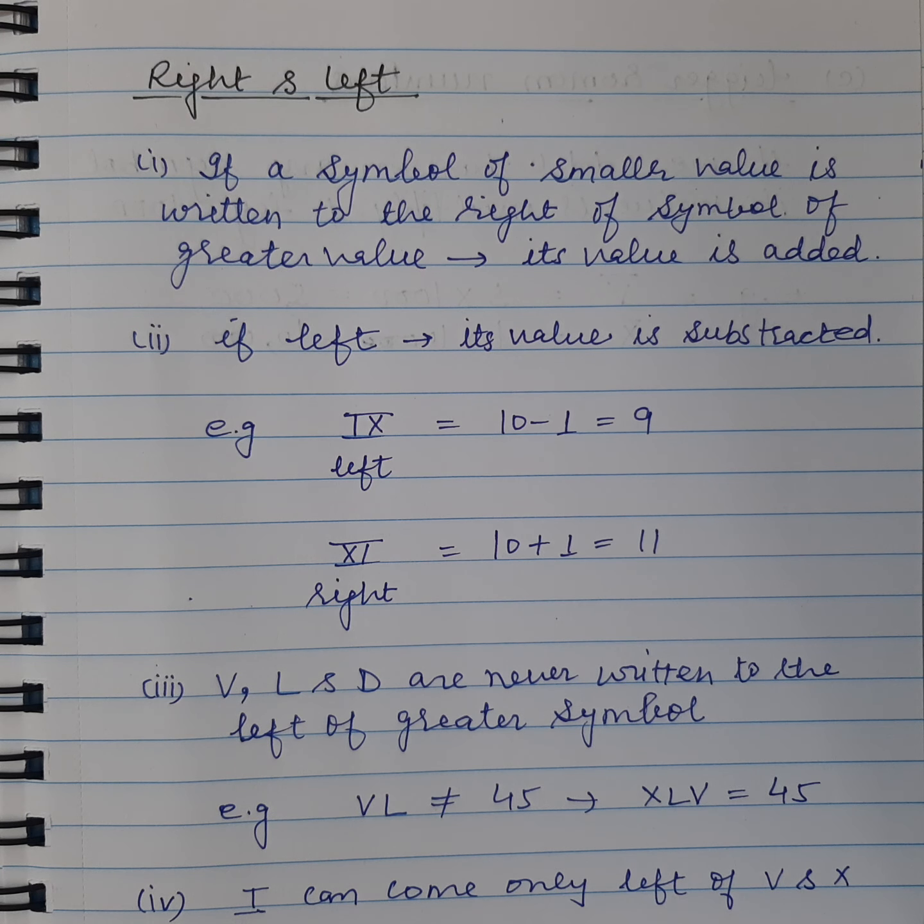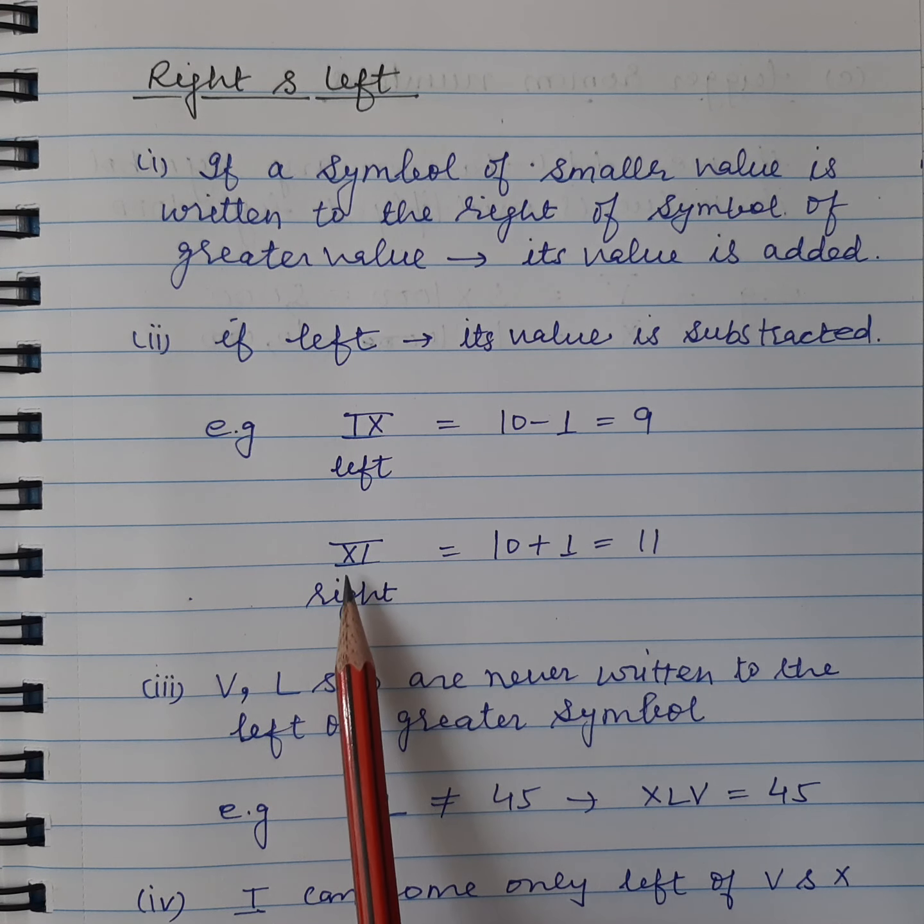We can have a symbol of a smaller value either written to the right of the symbol of greater value or to the left of the symbol of greater value. If it's at the right of the symbol of greater value, its value is added.